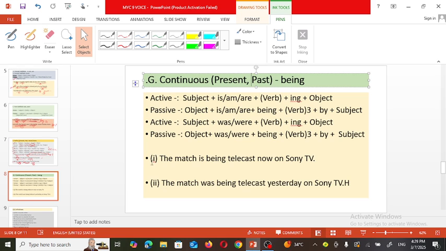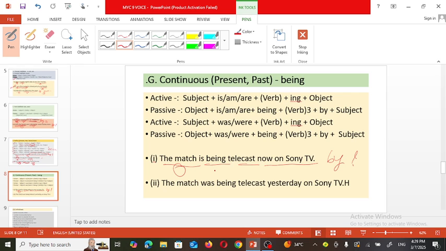Now, see the given examples here. The match is being telecast now on Sony TV. By whom is not given. But what is telecast? The match. So that is the object. Because it is telecasting, to remove that ing we have used being here, and this is the helping verb to be formed.